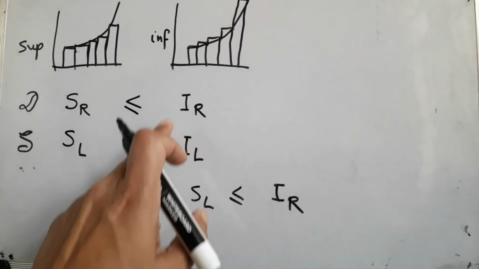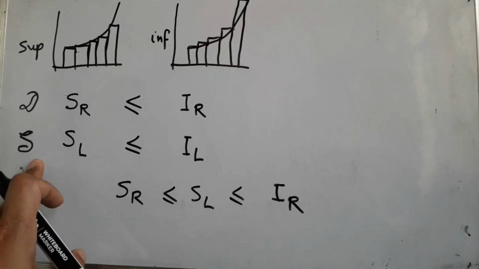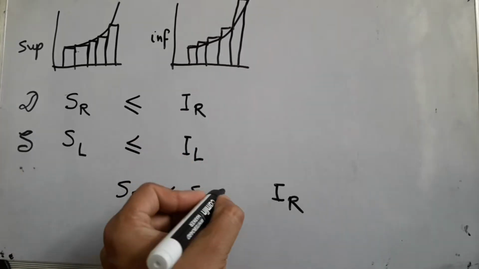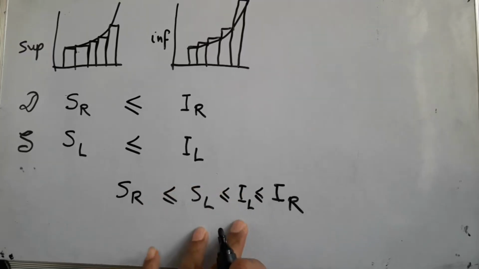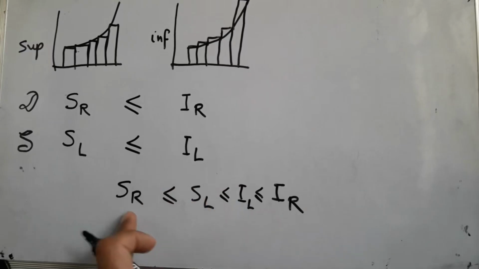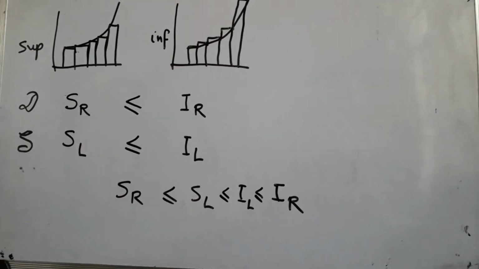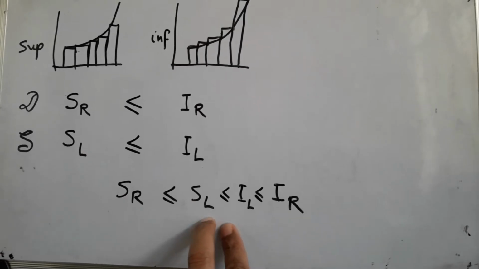Now again, when you look at infimum, the infimum is taken over a larger set. So infimum over a larger set cannot be larger, it can only be smaller. So I_L will be somewhere here. So you see S_L and I_L are sandwiched between S_R and I_R, which means that if S_R and I_R are the same, so if Riemann is happy, the function is integrable according to him, then S_L must also be equal to I_L, which means Lebesgue must also be happy.